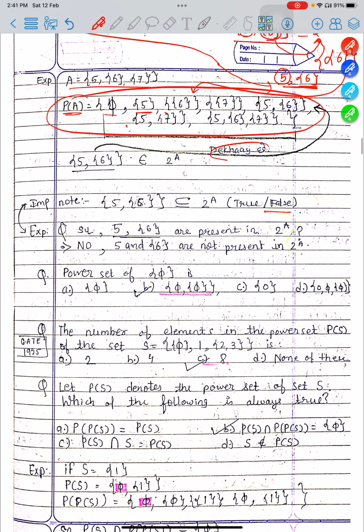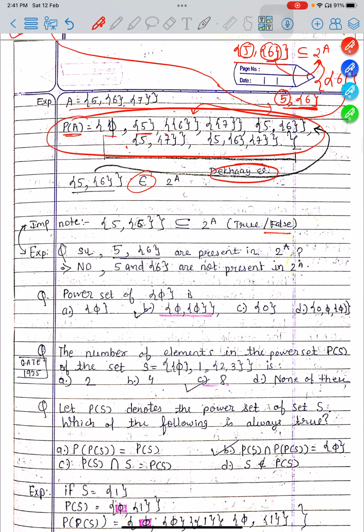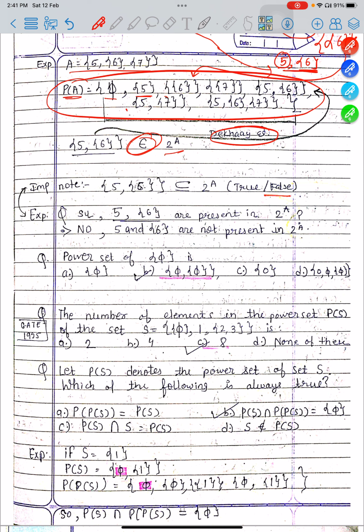See, visible means it belongs to 2 raised to A, not subset, belongs. The important point is that ∅ and {∅} being a subset of 2 raised to A is false.